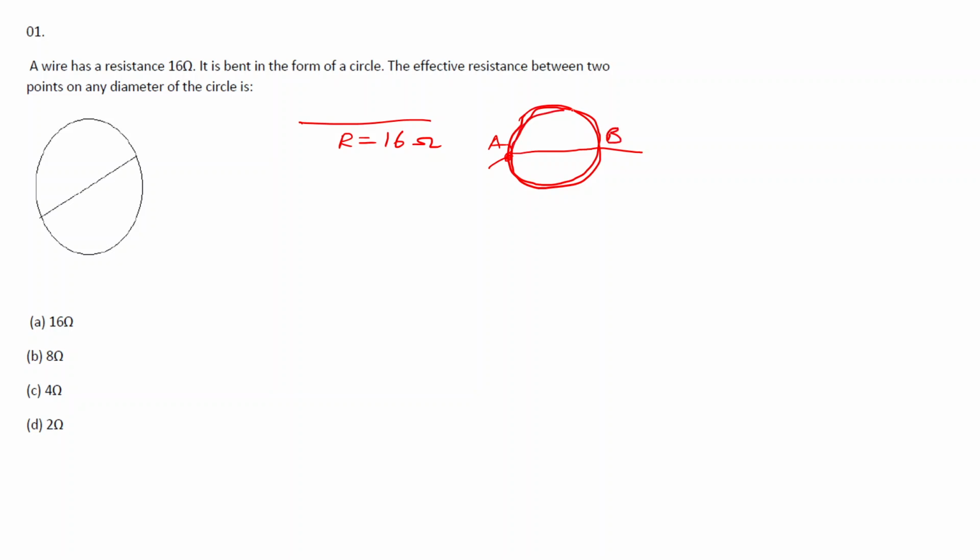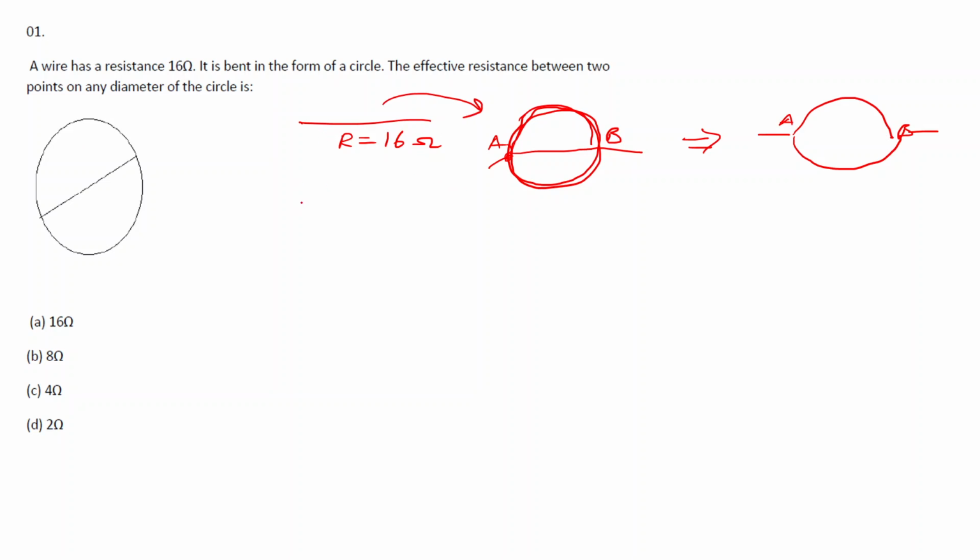Let me redraw this. This means point A and point B are there on the diameter. This wire that I put in the form of a circle has a resistance of 16 ohms.